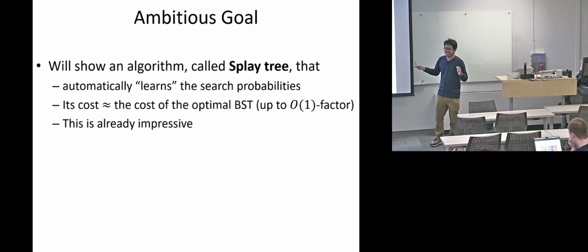Do you understand the claim? Suppose there is some unknown distribution among elements. You could design the optimal binary search tree for that using DP.